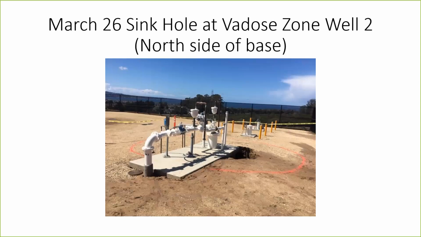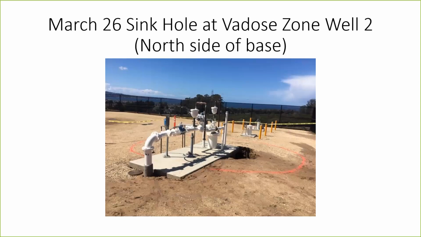Our plan at that point was to bring an excavator up, carefully excavate down a couple of feet and fill in whatever we found with native material and gently compact it.